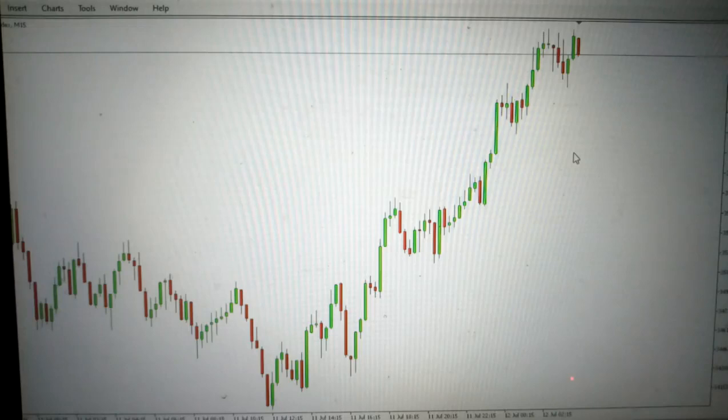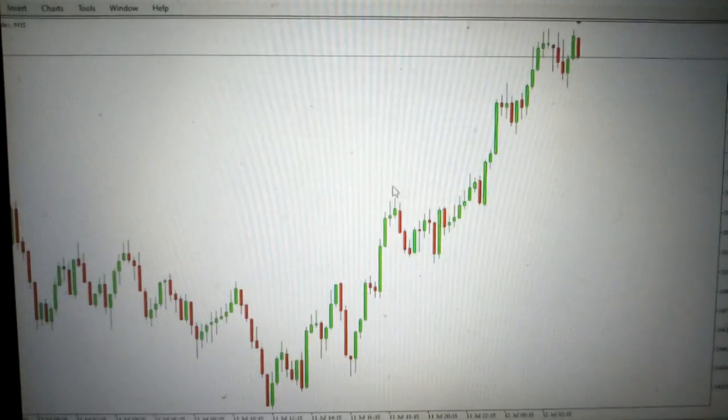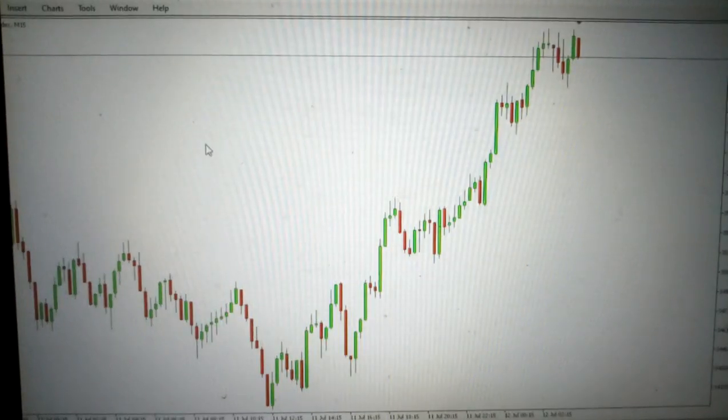Right on the screen, I have volatility index 75 on the 15 minutes time frame. We'll be analyzing V75 on the 15 minutes time frame with Mega Smash strategy. Now I have the chart in display. So what I'll do first of all is to map out the period separator.